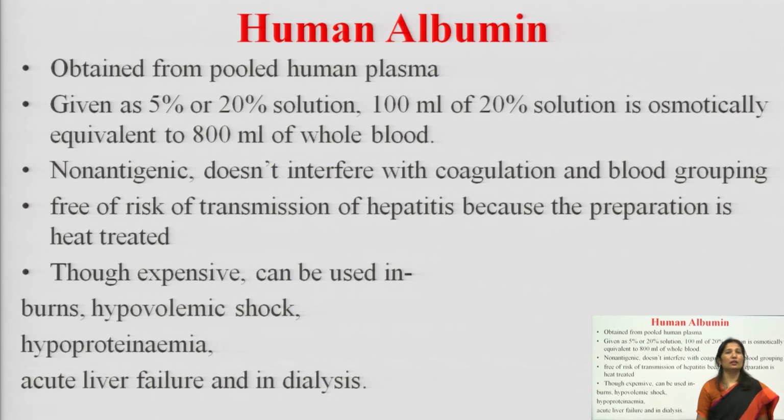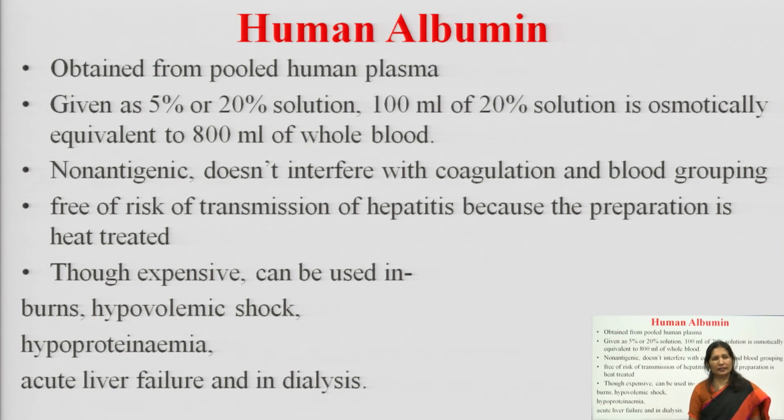So, next is human albumin. Human albumin is obtained from pooled human plasma, given as 5% or 20% solution. 100 ml of 20% solution is osmotically equivalent to 80 ml of whole blood.